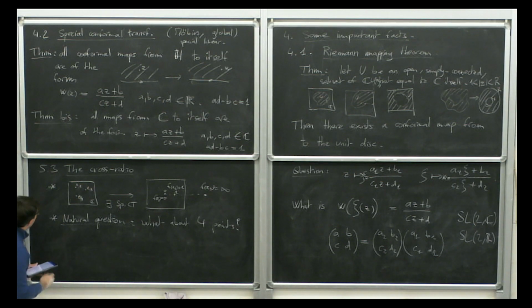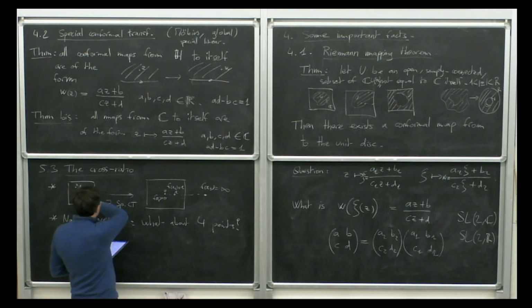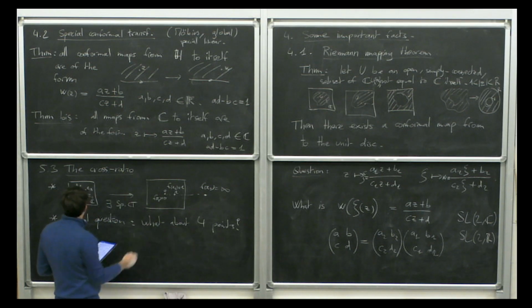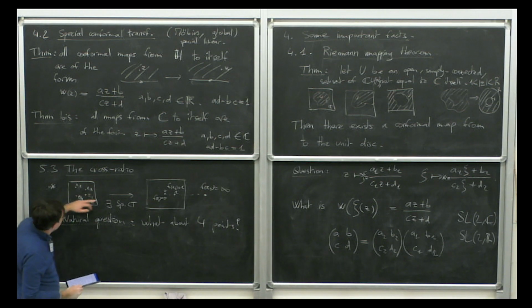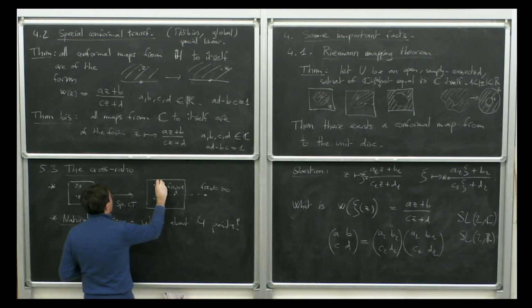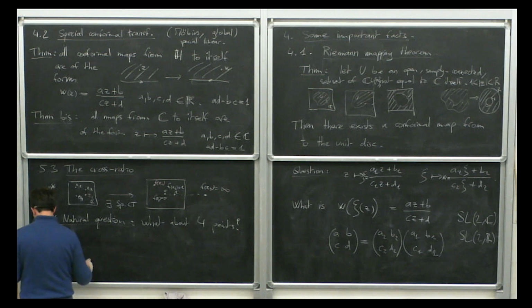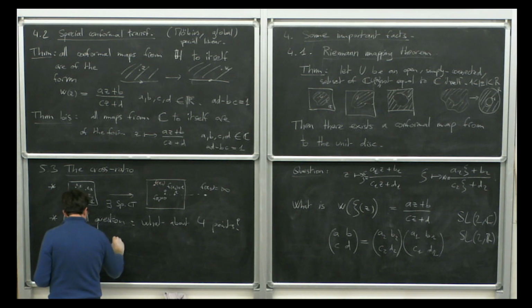These are the 3 points that I'm going to fix now, and then there's a 4th point, Z1, and this one is not going to be fixed. If I construct the mapping that sends Z2, Z3, Z4 to 0, 1, and infinity, then the 4th point is going to end up somewhere here. How do I do this? The mapping is this one.